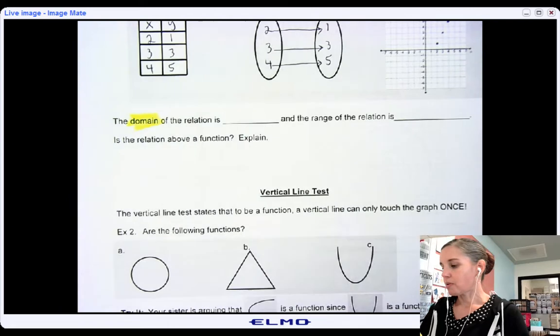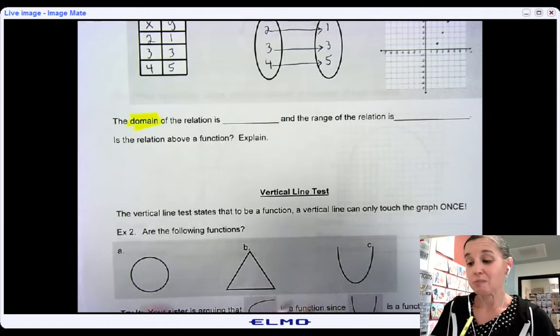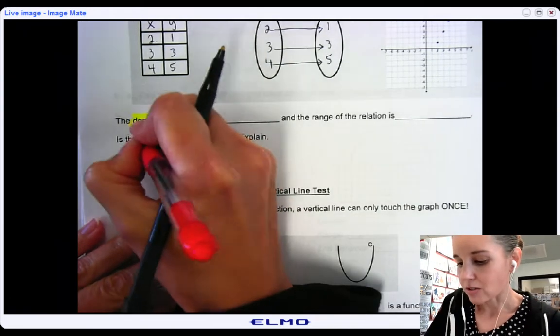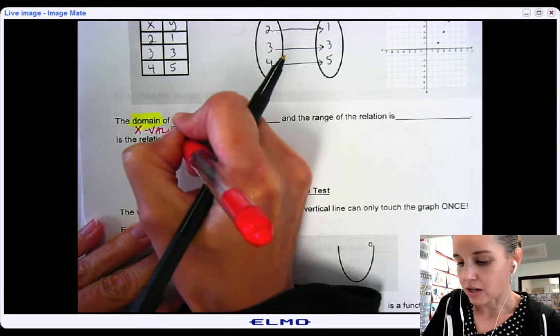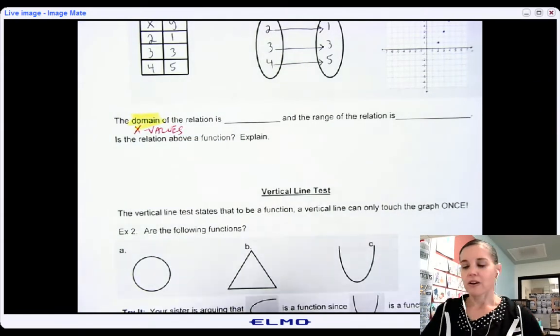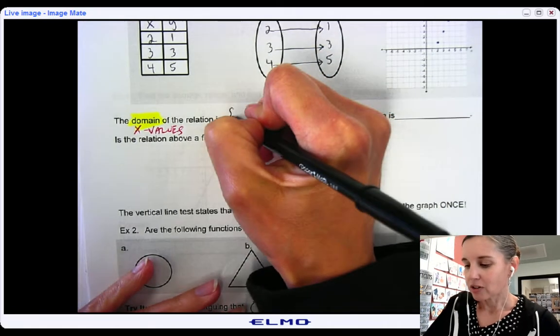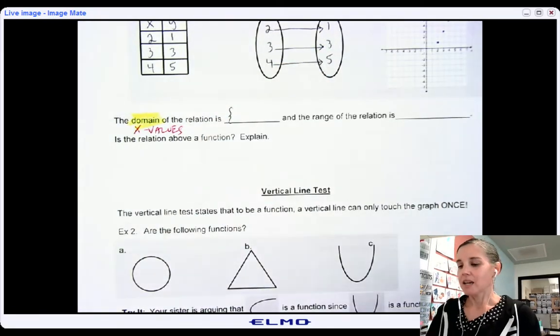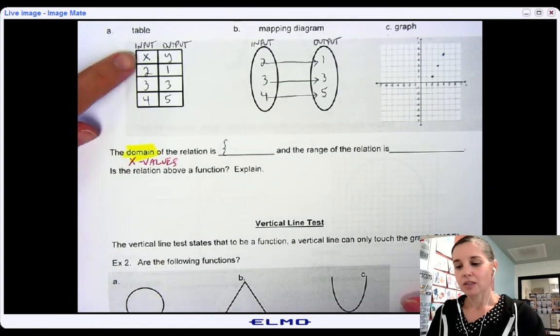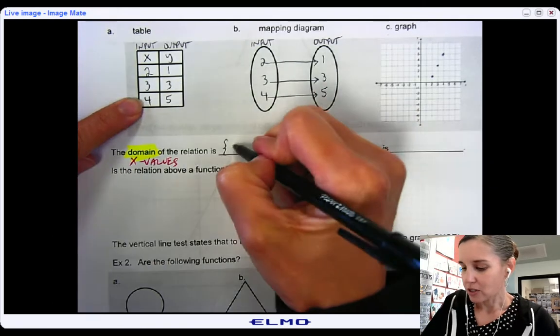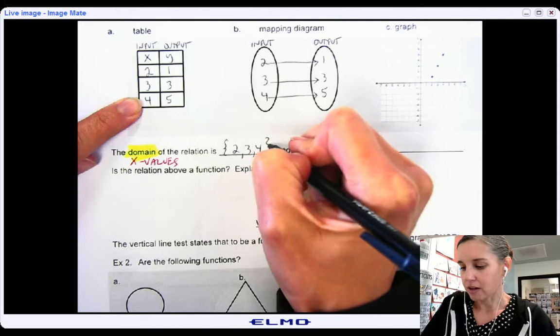All right, so then this one asks for the domain. If you remember, the domain is your inputs or your x values. Now, I gave you a set of points, so when you give me your domain, you need to give me a set. What were all of my inputs? They were 2, 3, and 4.